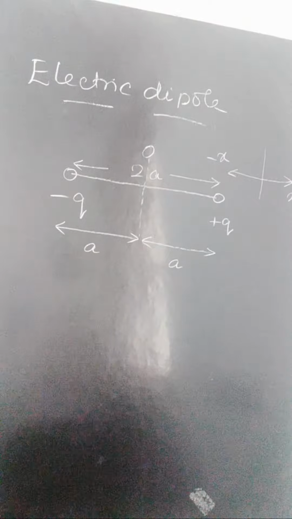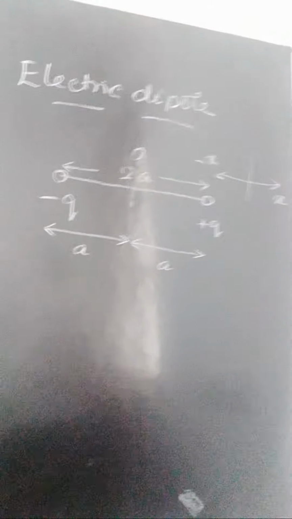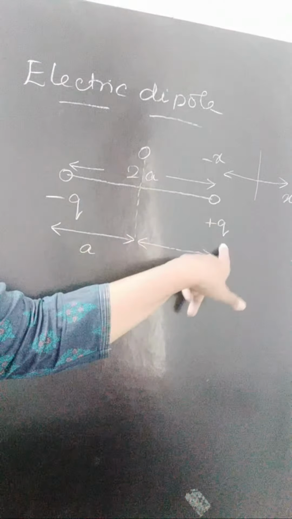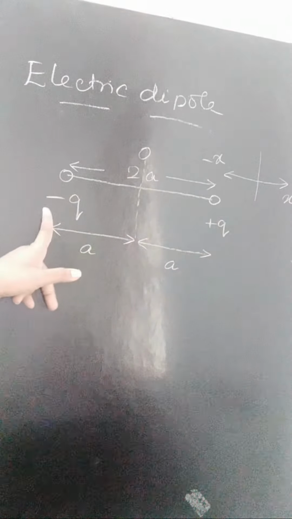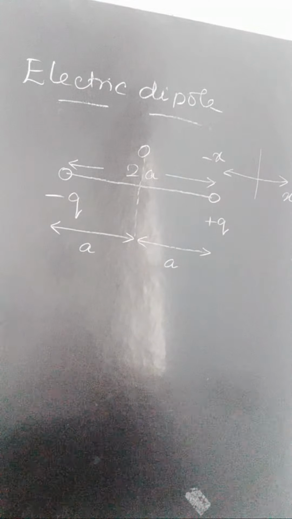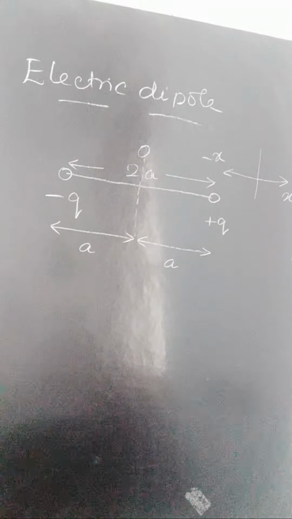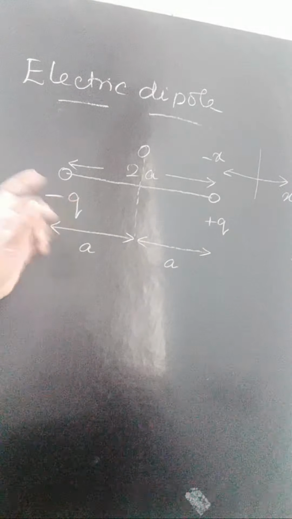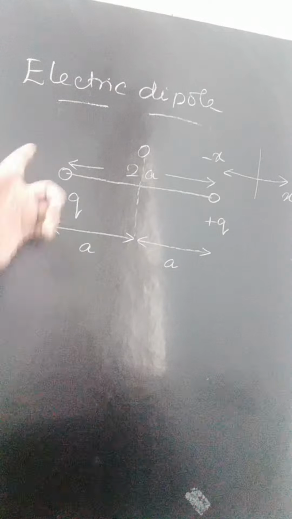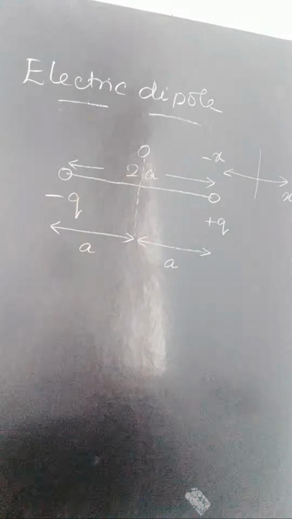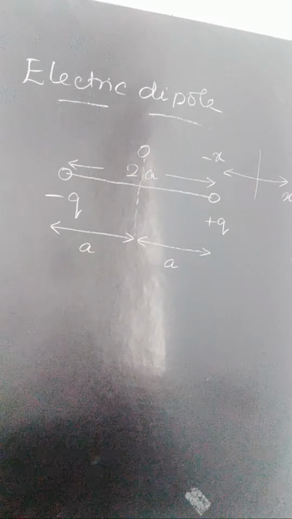We are just considering it lying horizontally, comparing with the x axis, towards positive x and towards negative x. Sure, ma? What is a dipole? A dipole is nothing but two equal and opposite charges separated by a small distance. That small distance is here 2a. 2a is the small distance between the two charges. Sure?